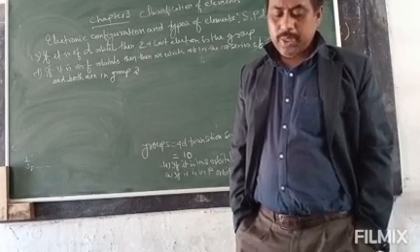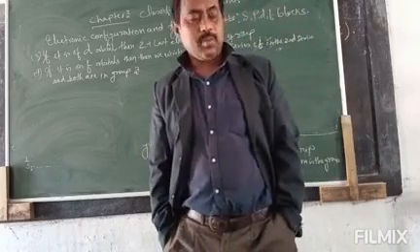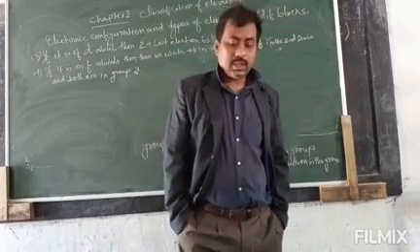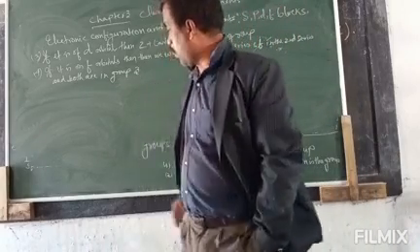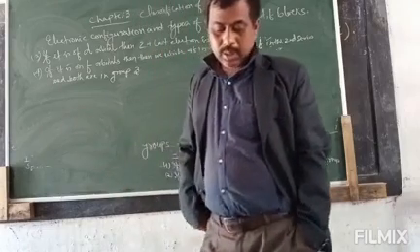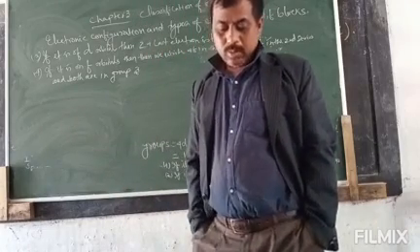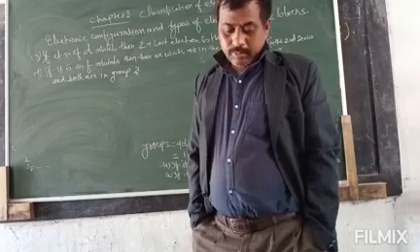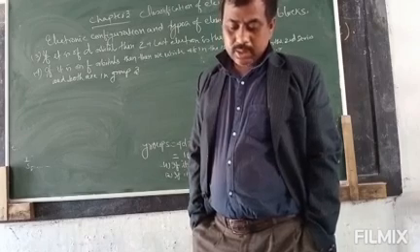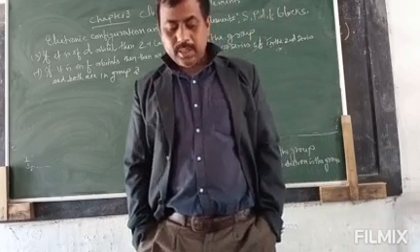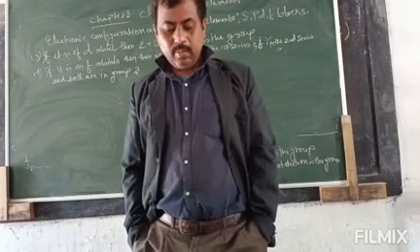Now we'll go to the P block elements. P block elements consist of group 13 to group 18, as we have already seen here. These elements are generally called representative elements or main group elements.